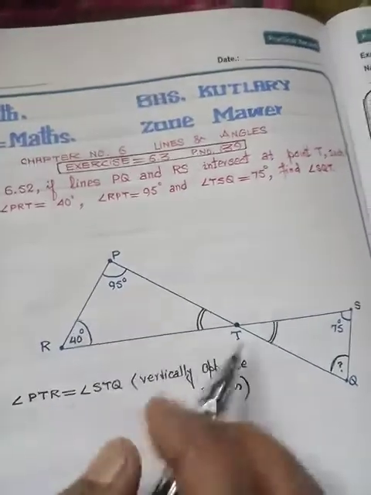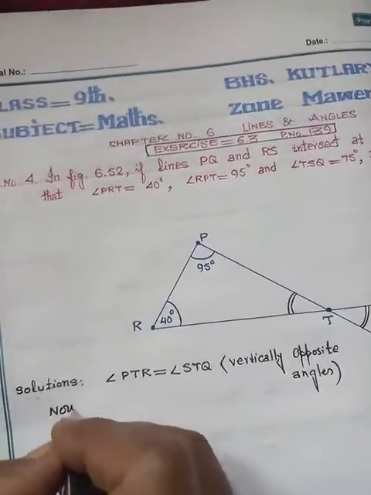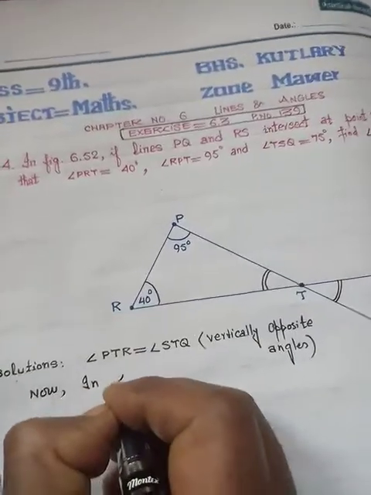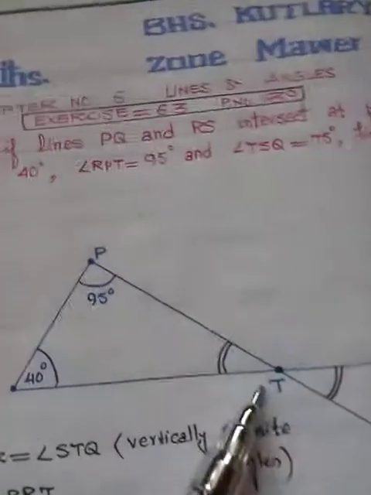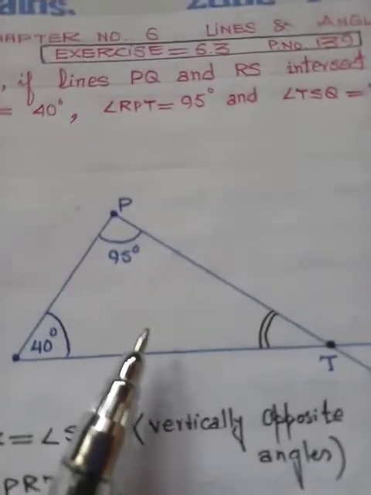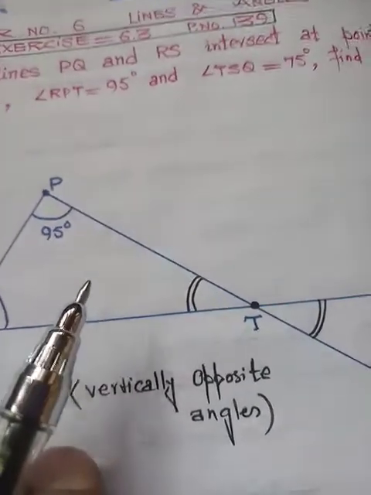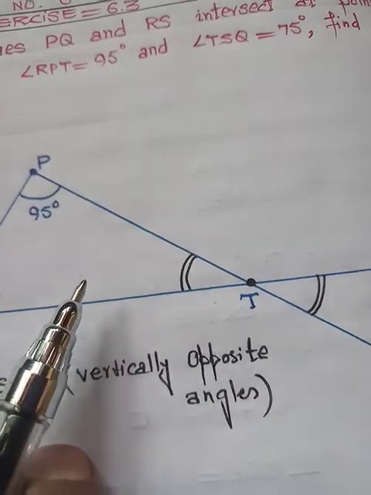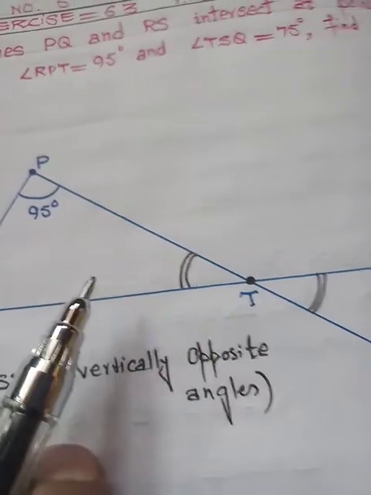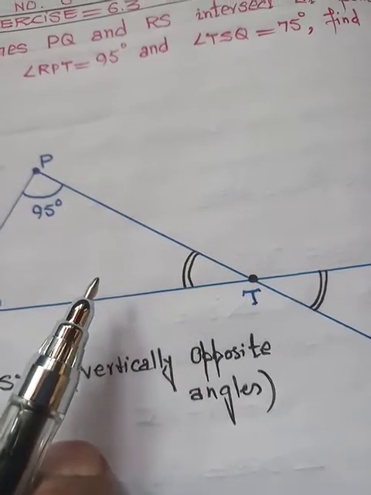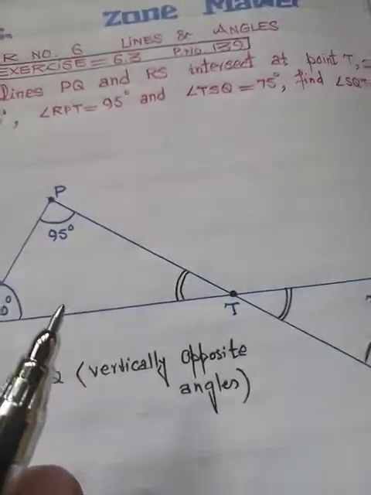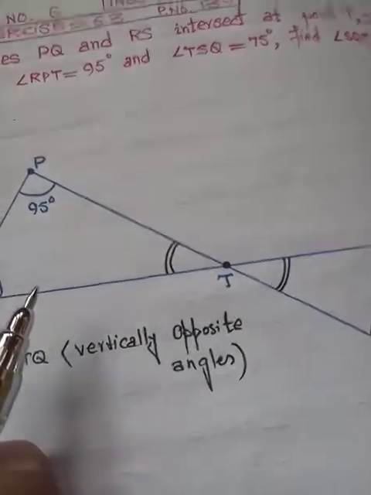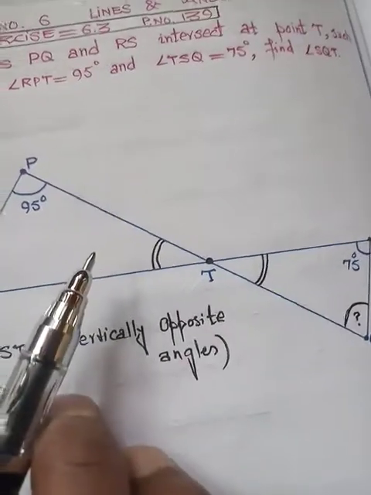Now, in triangle PRT, we take this triangle PRT. Dear students, you know that the sum of the three angles of a triangle is equal to 180 degrees. If we add the three angles of any triangle, the sum of these three angles is 180 degrees, right?